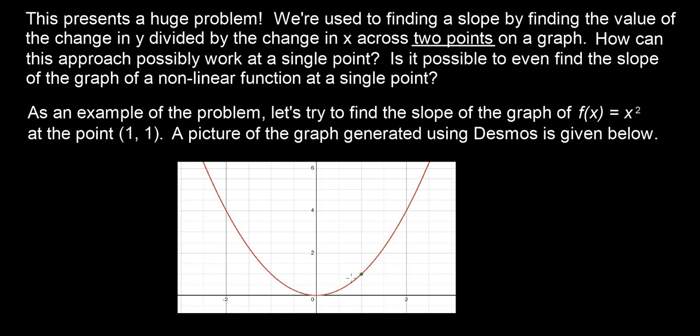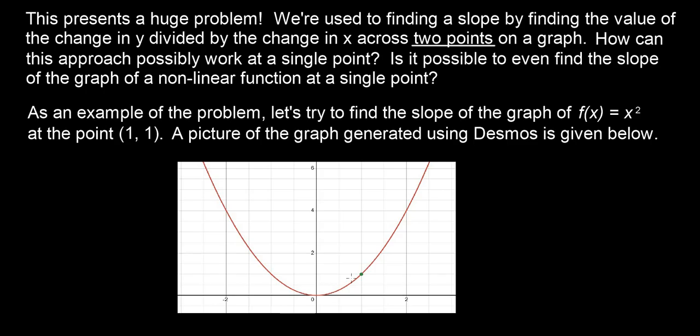At other regions the graph is rising as you look from left to right. And the steepness is varying throughout. So it makes no sense to say the slope, but we can perhaps measure a slope at a particular point. Maybe, right? So that's what we're going to try to do.